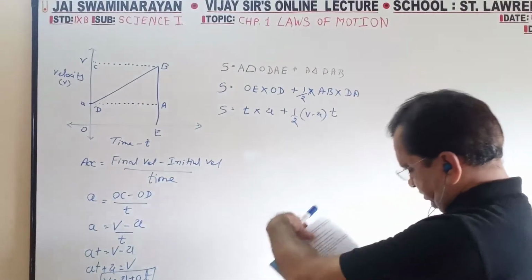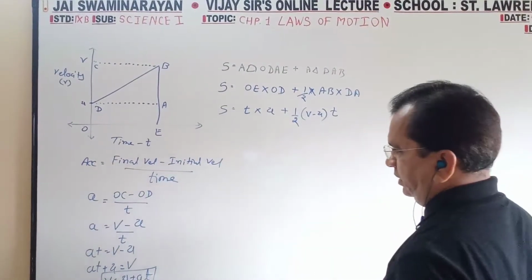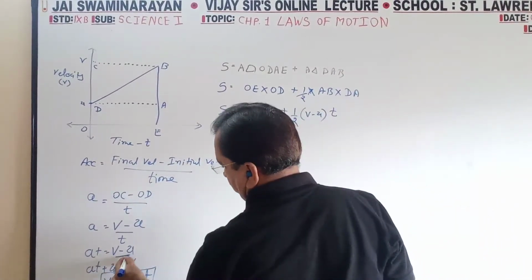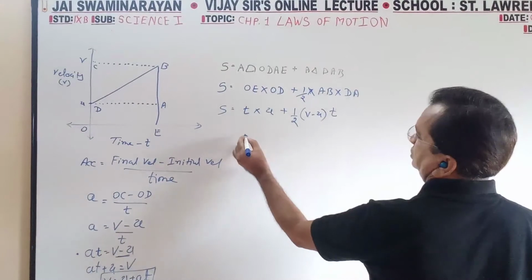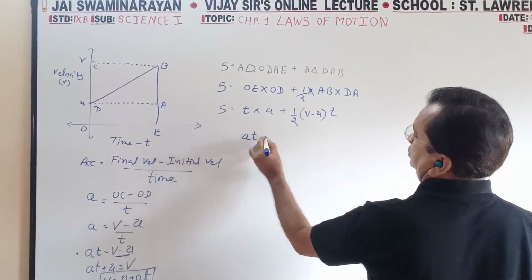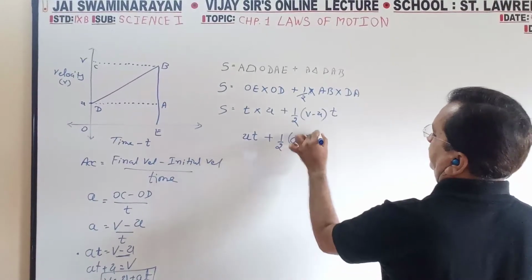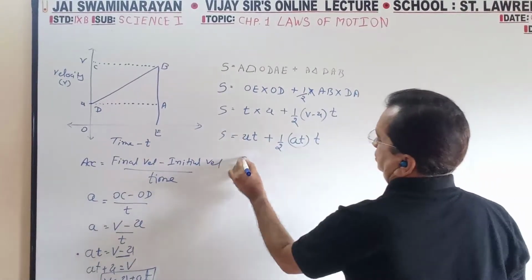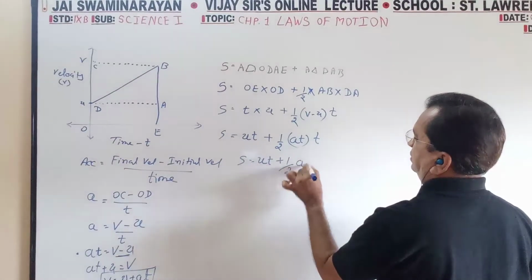See the substitution, correct? And V minus U, we know that it is AT. So this is UT plus half AT into T. So S is equal to UT plus half AT square.